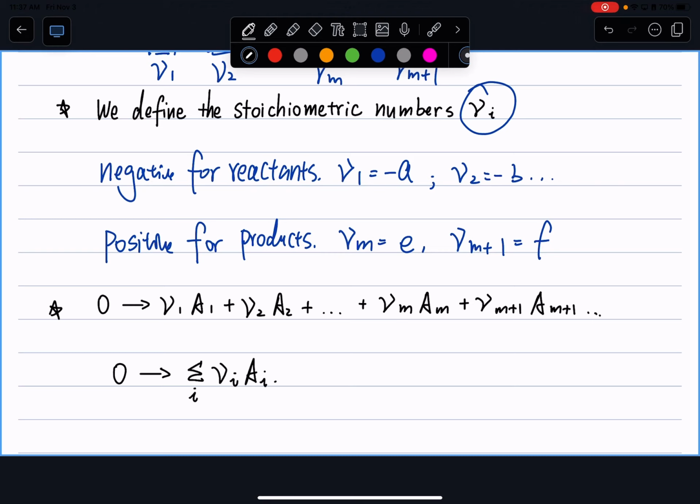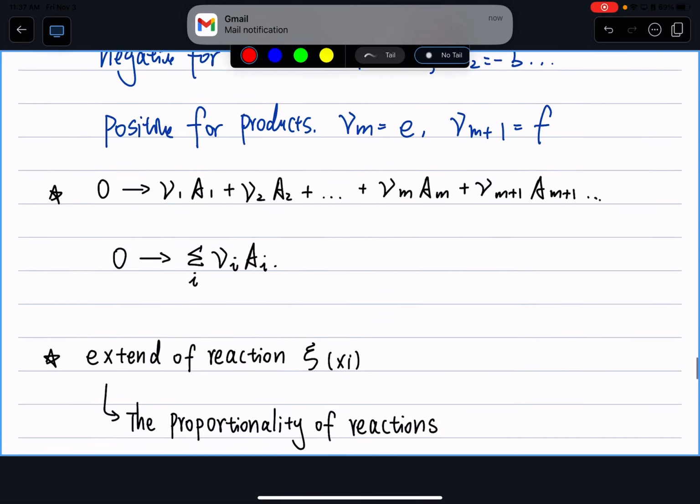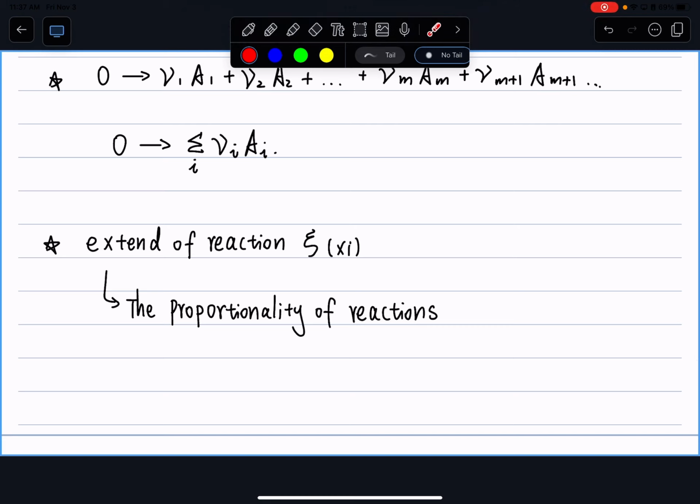So just keep in mind, for reactants, the stoichiometric number is negative. That's straightforward enough. And now that we have our coefficient and the nu i defined, let's look at another term, which is called the extent of reaction. That's called xi.